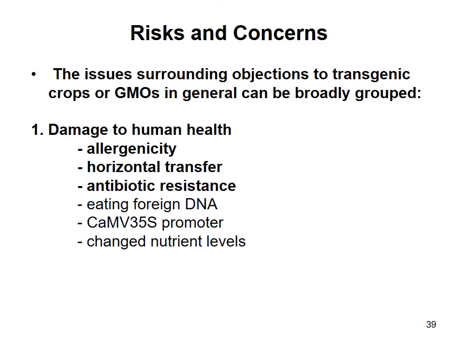One aspect of this topic is the risk of horizontal gene transfer. That is, transfer of DNA from one organism to another outside of the normal parent to offspring channel.